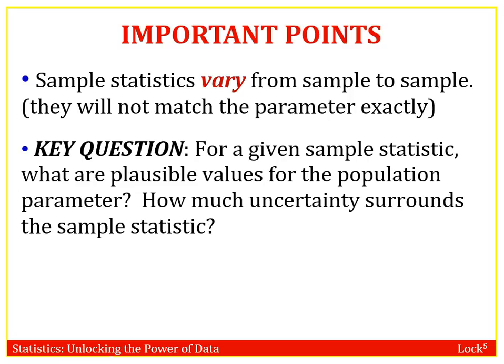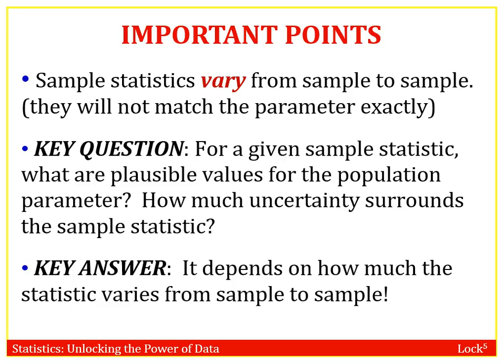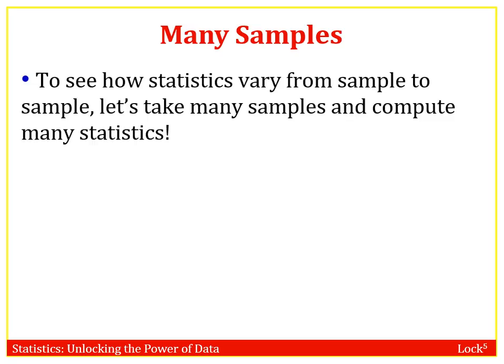So here's our key question. For a given sample statistic, what are the plausible values for our population parameter? And how much uncertainty surrounds that sample statistic? Well, that all depends on how much our statistic varies from sample to sample. So we want to take many samples.